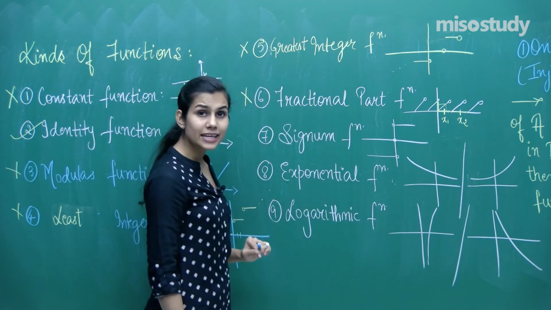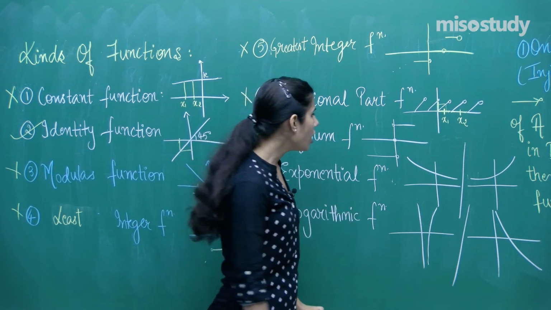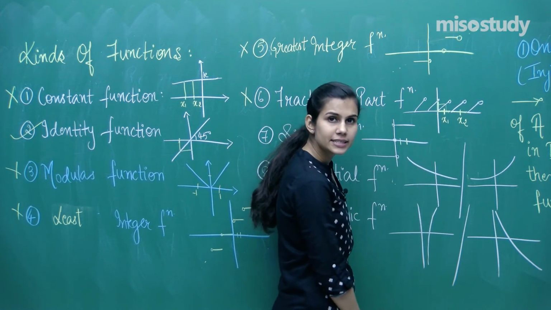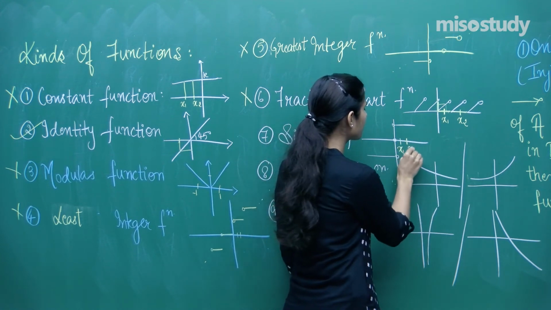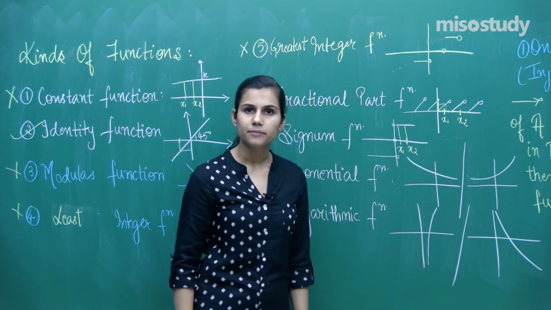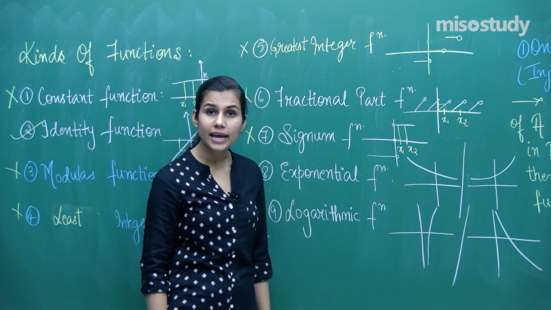The next one is the signum function, which is very evidently not a 1-1 function, because corresponding to these two distinct numbers, their images are exactly the same, which is 1, because of which this is not a 1-1 function again.